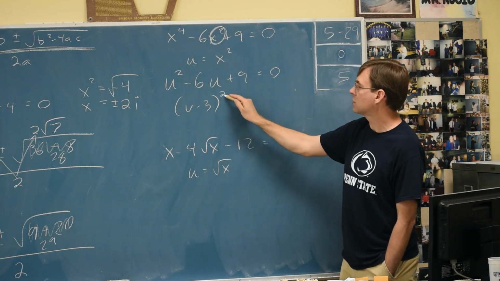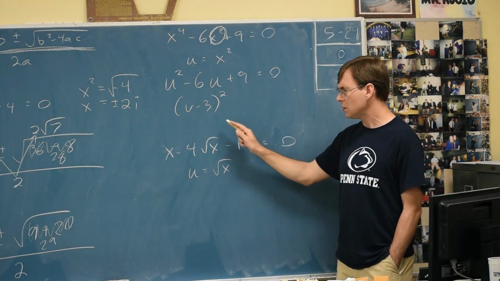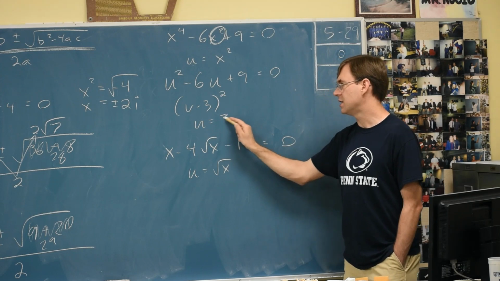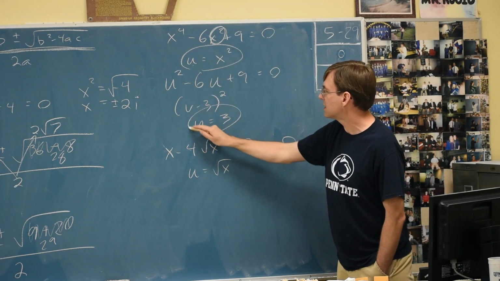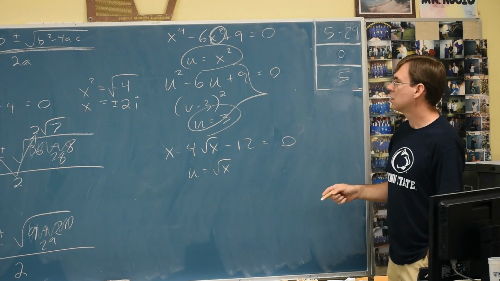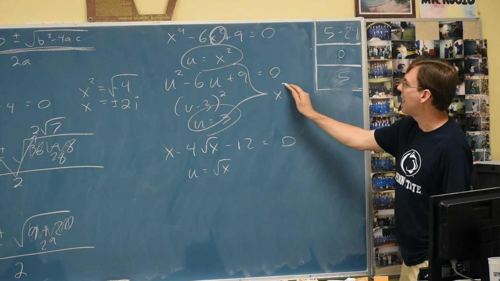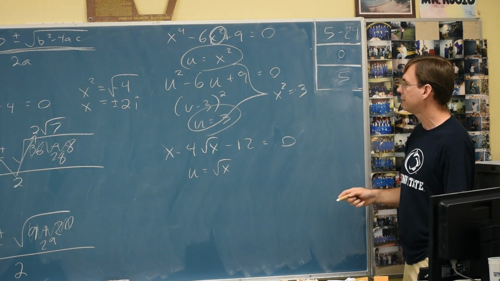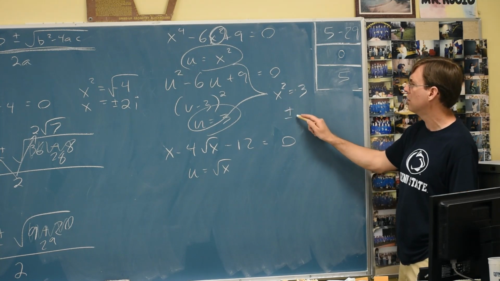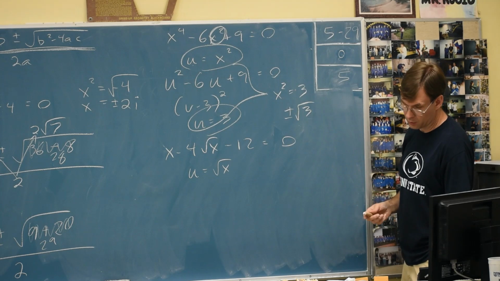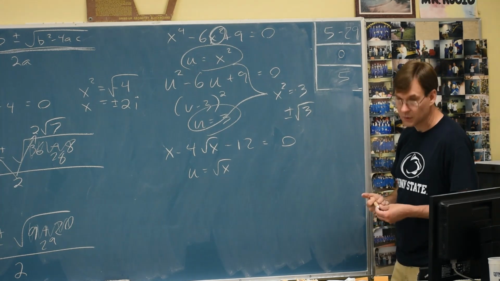This would be u minus 3 squared, telling us that u is 3. This had a u and this had a u. So we blend those two things together to have x squared equal 3. To solve that, you would do a root. Anytime you do a root, it's plus or minus, and it would be the root of 3 on that one.